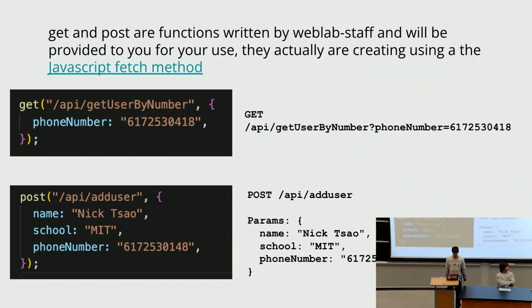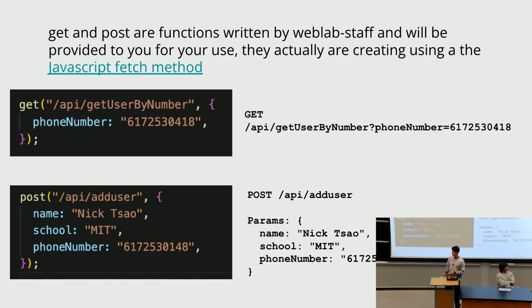So basically, once we hop into the code in workshop 3, we're going to be writing get and post requests, not from URLs, but rather using these get and post functions that we have written for you in JavaScript.